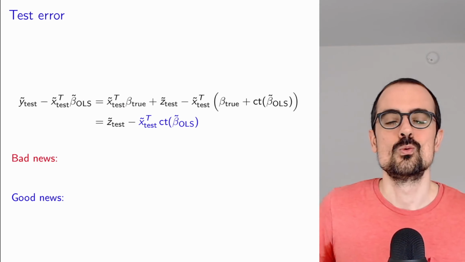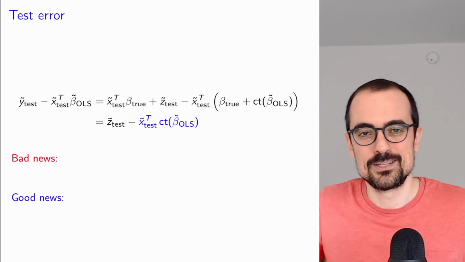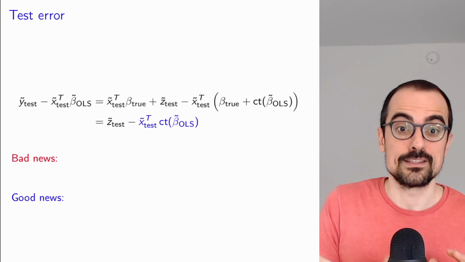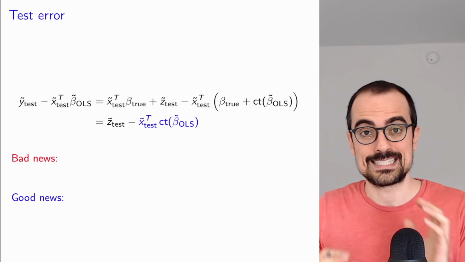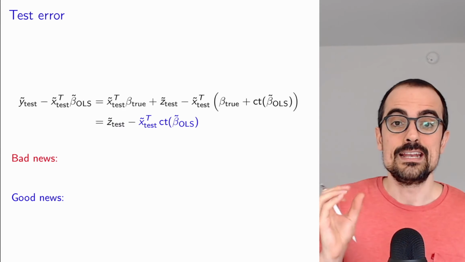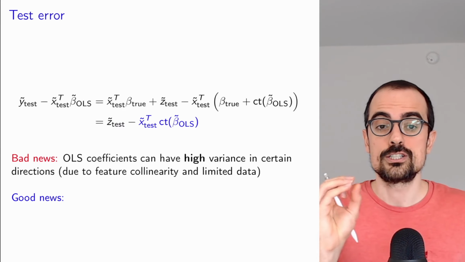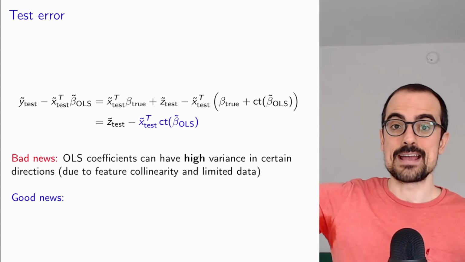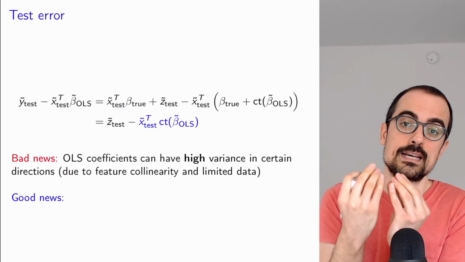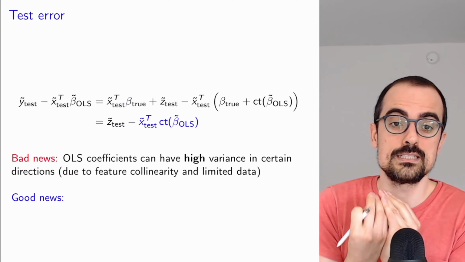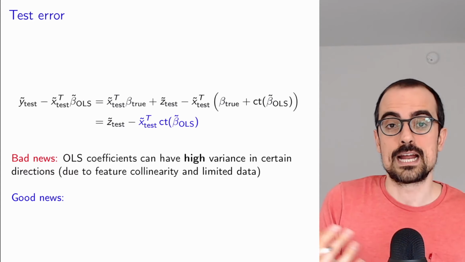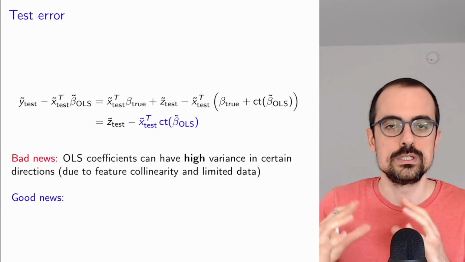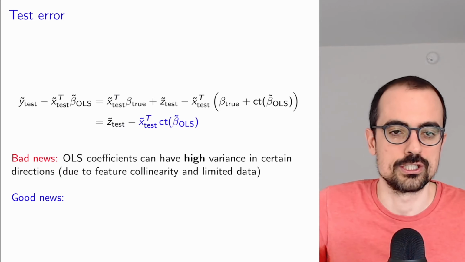Now here we have a little bit of bad news and a little bit of good news. What is the bad news? Well, the bad news is that, as I said, in directions where the features have low variance, the OLS coefficients can have high variance. When I say that the features have low variance in a certain direction, this is because there is feature collinearity and often limited data. We talked about this in the video on coefficient error.